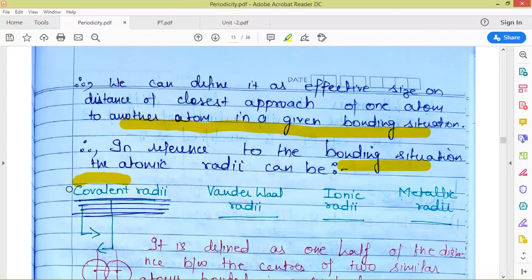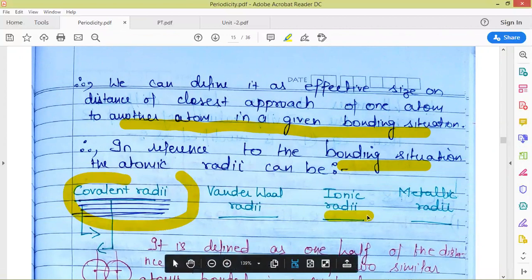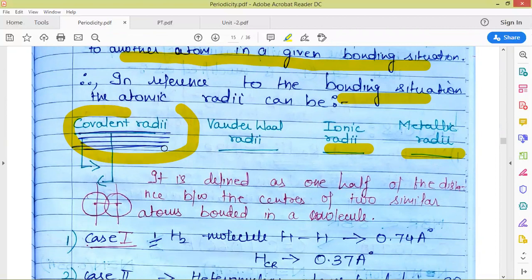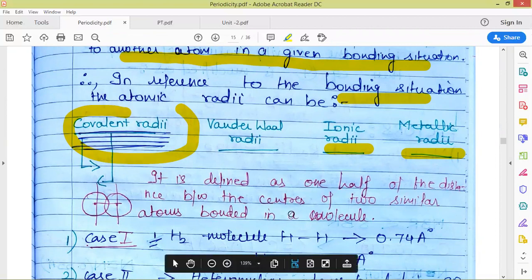First one is covalent radii, next is van der Waals radii, then we have ionic radii, and lastly we have metallic radii. We'll be discussing all these four types of radii one by one. Let's get started with covalent radii. Covalent radii is measured as one half of the distance between the centers of two similar atoms bonded in a molecule with a covalent bond.